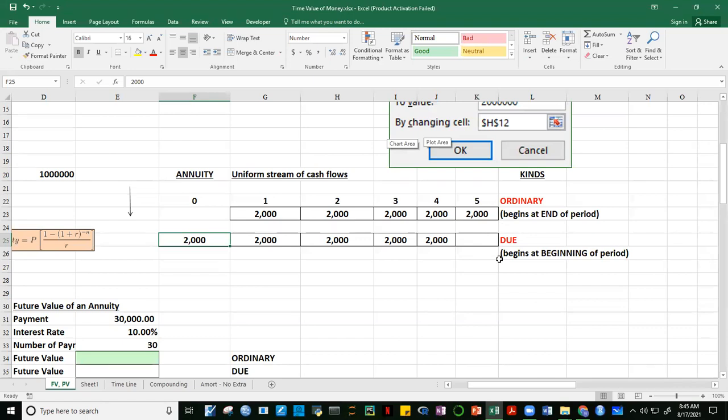Please chat, guys. Which has the bigger future value? Annuity due or annuity ordinary? Kindly chat, guys, please, whether ordinary or due.